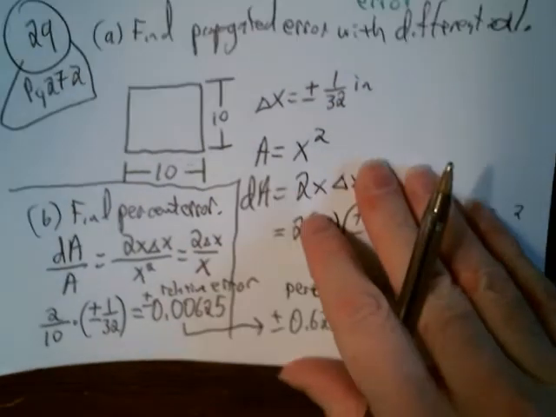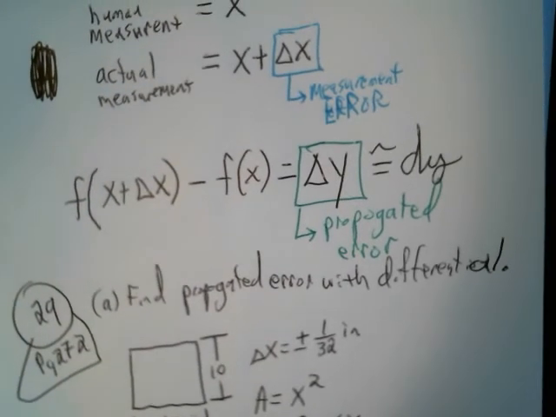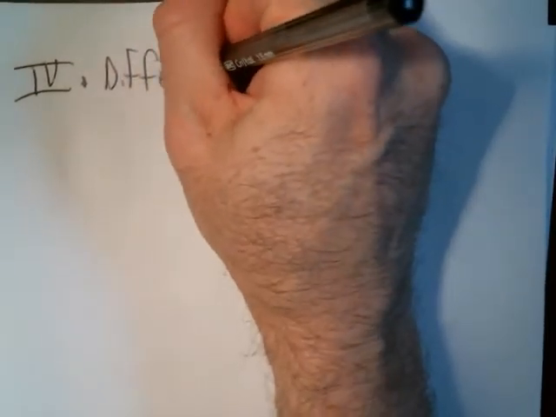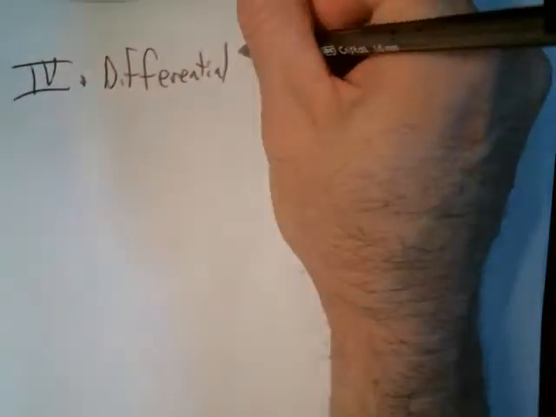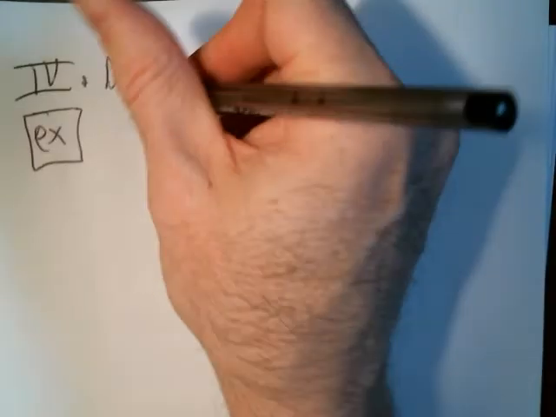Okay, so let's look at sort of a non-application, but it will be an application for us, the differential form. So usually when I do my integrals later on in the next section, I'm going to be using differential form for substitutions. So very quickly, how is this going to work?